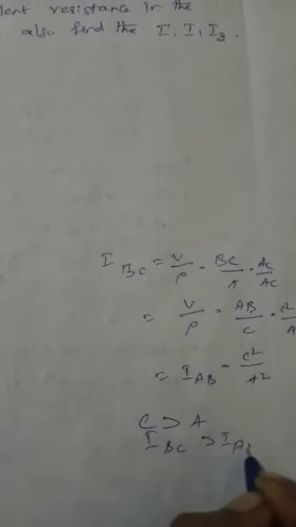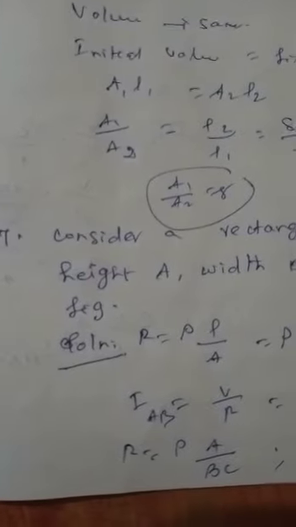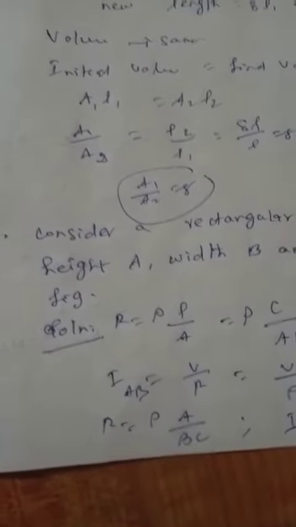In the diagram C is greater than A, so we can write IBC is greater than IAB. The first current is IAB, the second current is IBC. Okay, that's all in this problem.